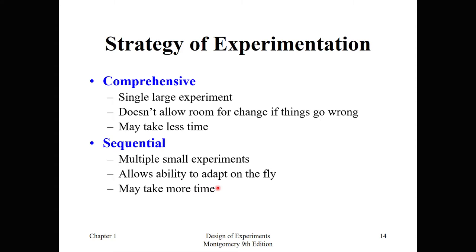Something that really didn't take a lot of time and didn't cost a lot of money, it's less important to make this distinction, because the adaptation, let's say it took virtually no time and cost virtually no money. Well, if I ran it all together and it didn't work out, then I could just make tweaks and run it all again. So the adaptation is already built in there.